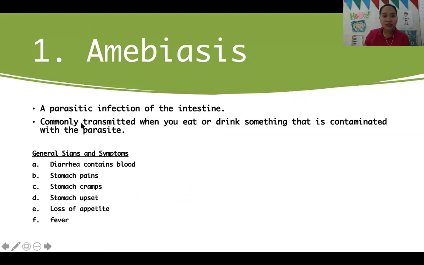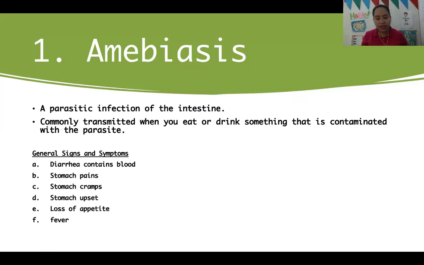This is commonly transmitted when you eat or drink something that is contaminated with the parasite. Okay? So, most of the time, you might feel the parasite that lives in the large intestine but does not cause any symptoms or signs. Sometimes it attacks the lining.